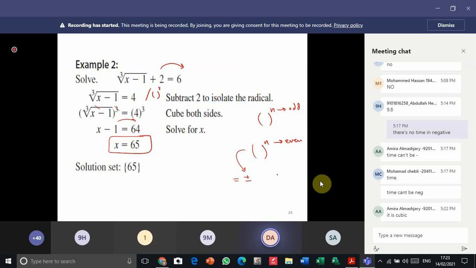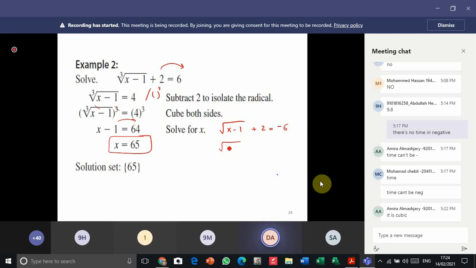In general, this is for when we need to remove the radical from both sides. Sometimes, look at this example: radical x minus 1 plus 2 equals 6. For example, we solve it the same way, with minus 6, but we need to put minus 6. We solve it by the same steps.